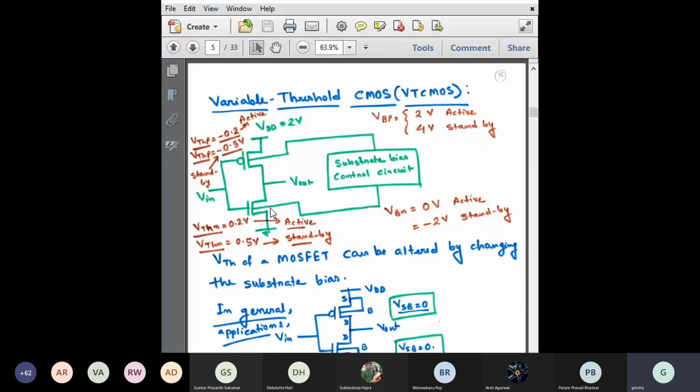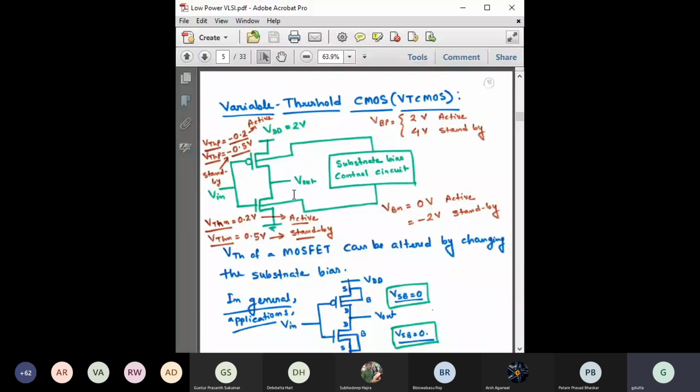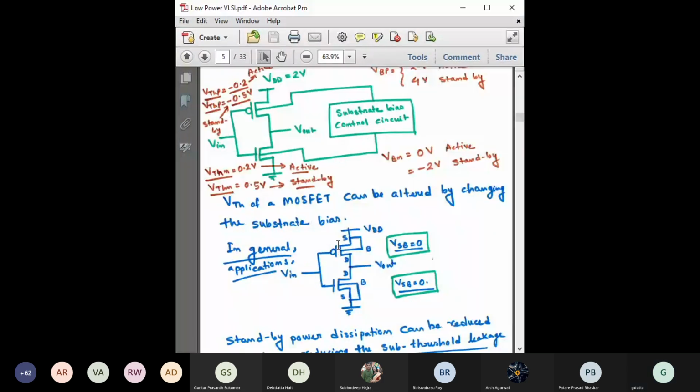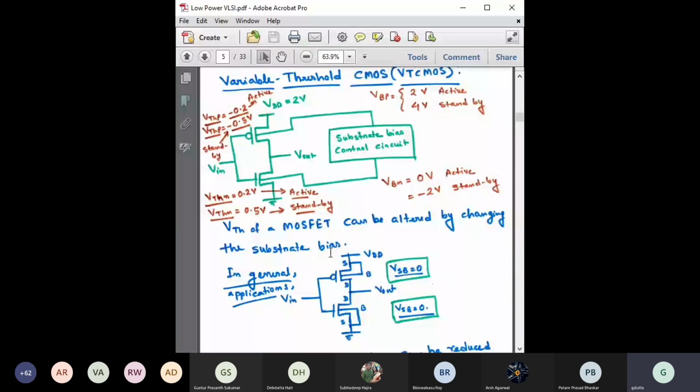Obviously, they are different values. For PMOS it is different, for NMOS it is different. Then basically what we are doing, we are giving different voltages to the body terminal compared to this one. And you know the effect of the body bias. I think some of you have told like you need some more discussion on the body bias.